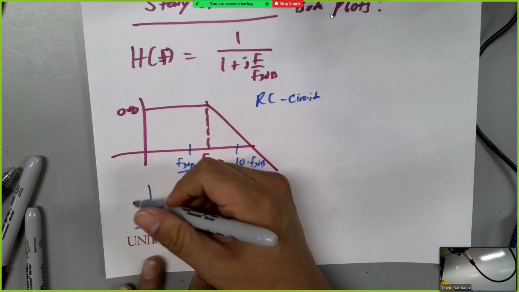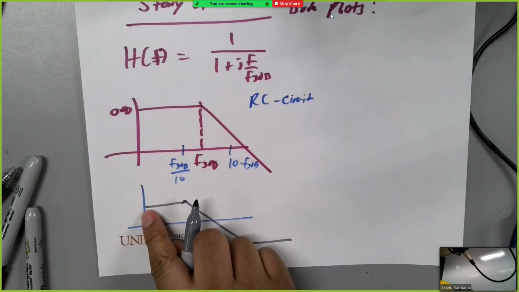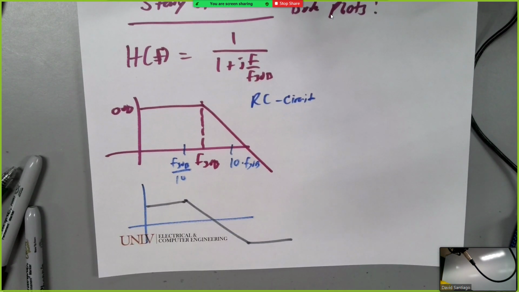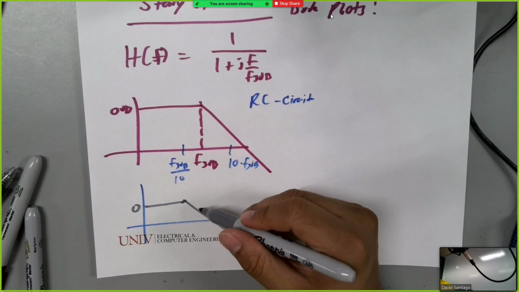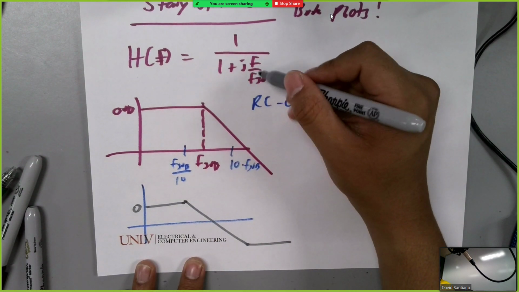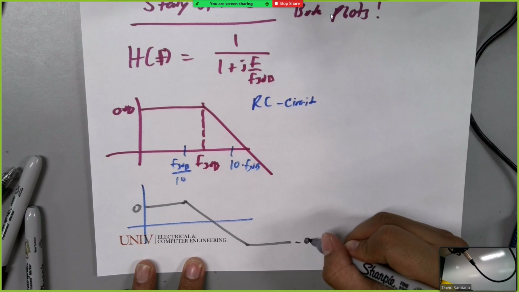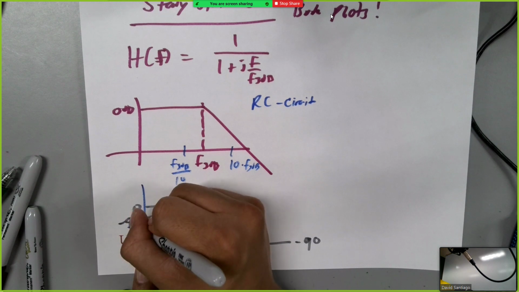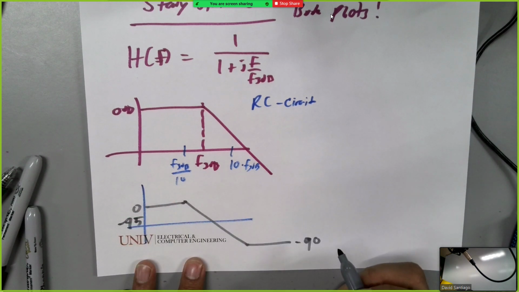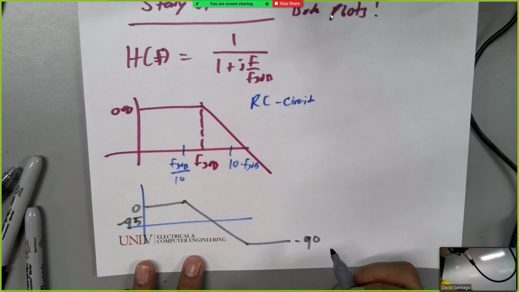And what's the phase response right here? What's the degrees that we have? 0. And then what happens when we start pumping up in frequency? It's 90. Yes, 90, because this right here is minus 45. Easy?